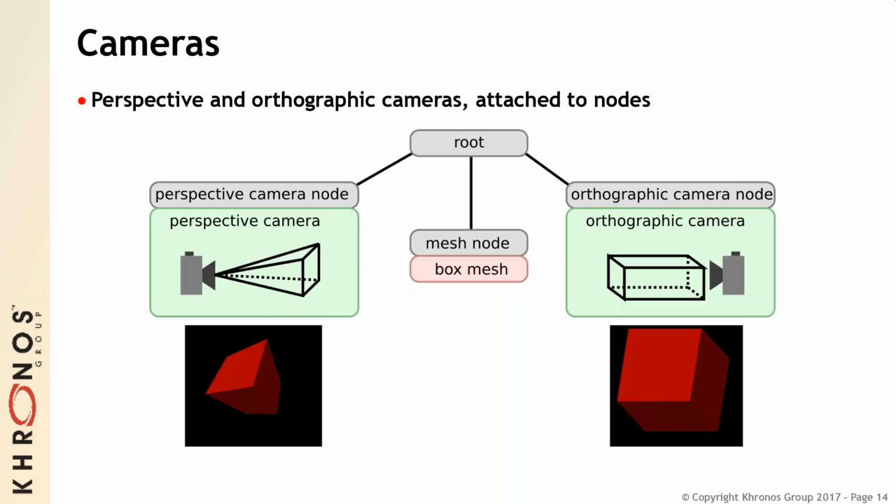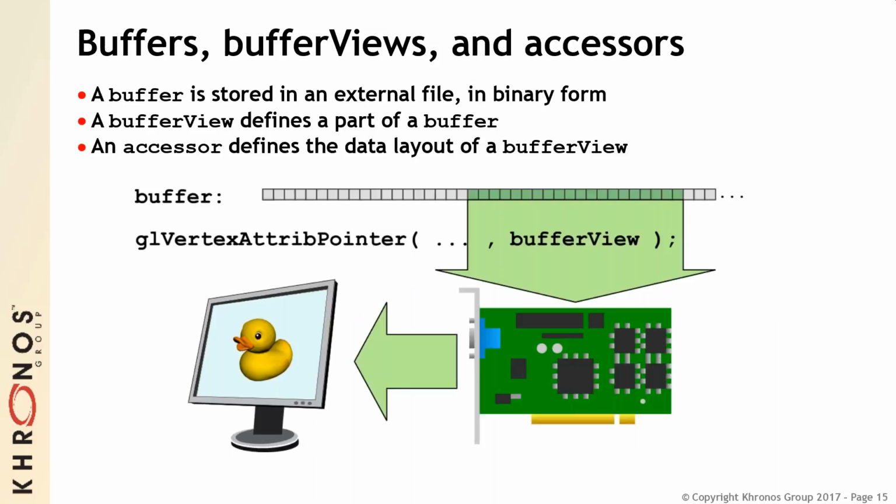The actual geometry data is stored in buffers, in the binary buffers that I already mentioned at the beginning. These buffers are stored in external files in binary form, so they can directly be loaded by the client. And this raw data for itself does not have an inherent structure or meaning.